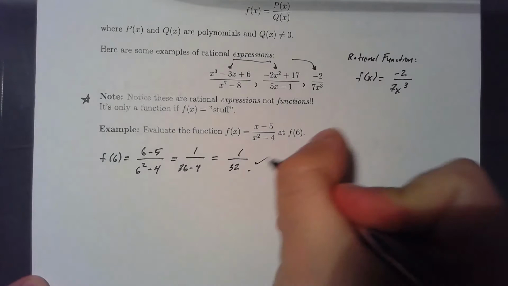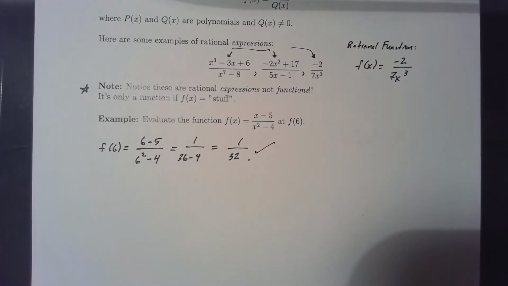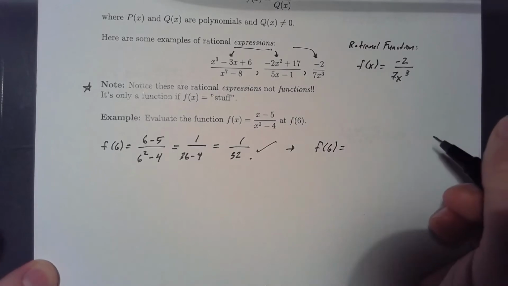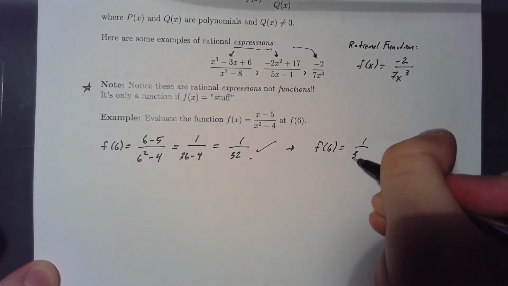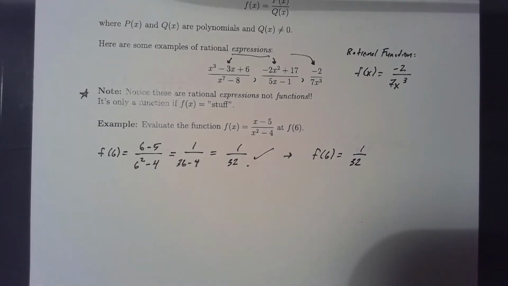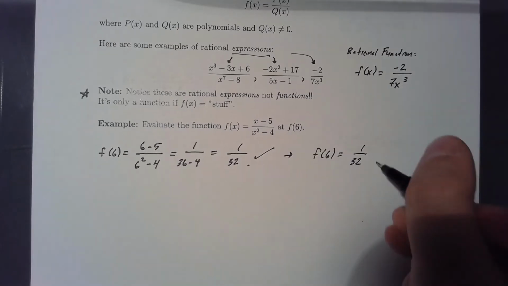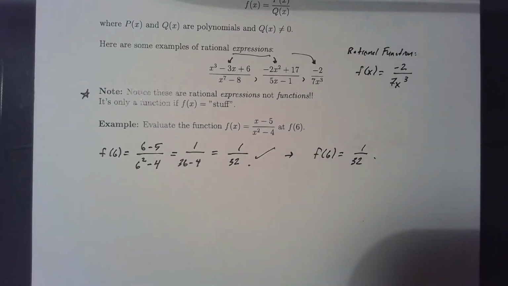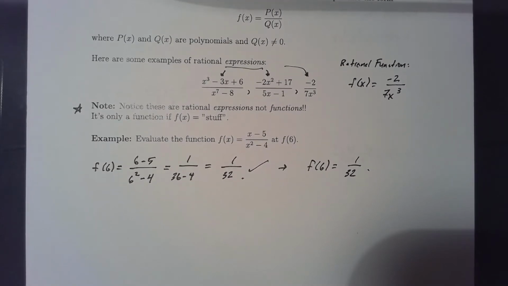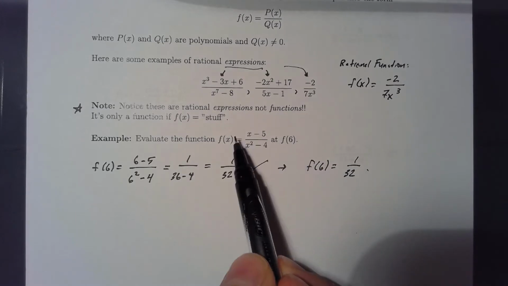So that is the function evaluated at 6 gives me 1 over 32 as its output. You evaluate any kind of function the same way. Take the input, plug it in to find the output.